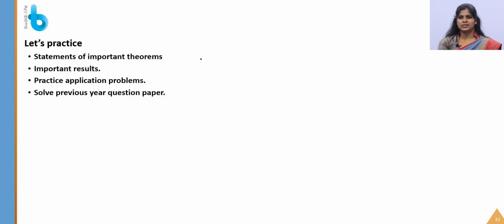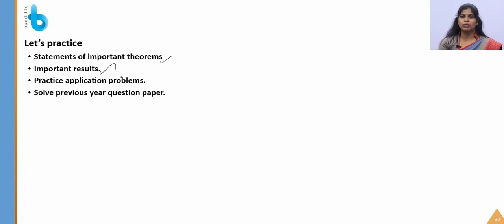So guys, in this chapter you have to get thorough with all the statements of important theorems. The statements of theorems and the results in the theorems may be asked in your exam to verify or to prove. So it is better to memorize them or get thorough with the statements and the results.